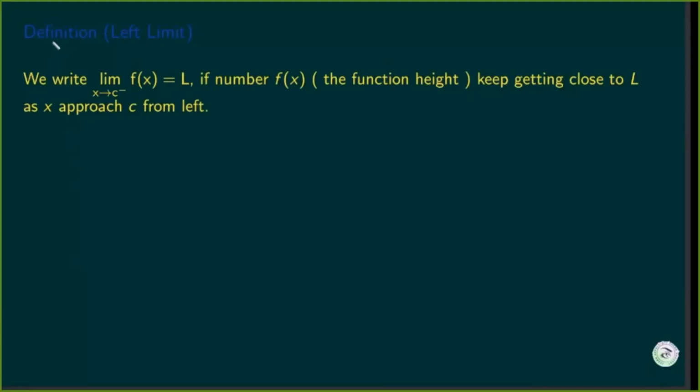Okay, let's summarize the results. Definition of left limit: we write the limit as x goes to c from the left of f(x) equals L, and say that the left limit of f(x) is L if the number f(x), that is the function value, keeps getting close to L as x approaches c from the left.